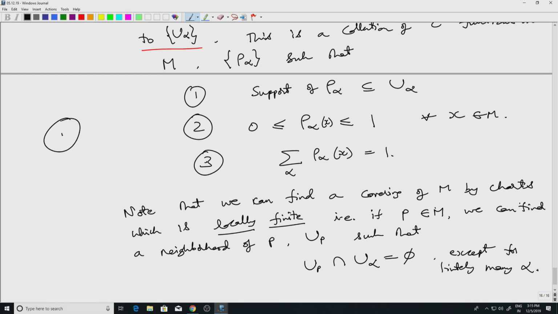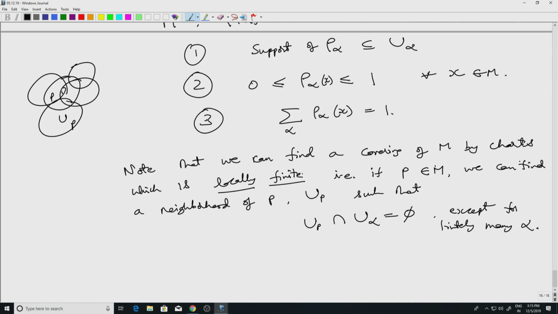So in other words, UP will intersect only finitely many. In particular, every P is contained in only finitely many U alpha.